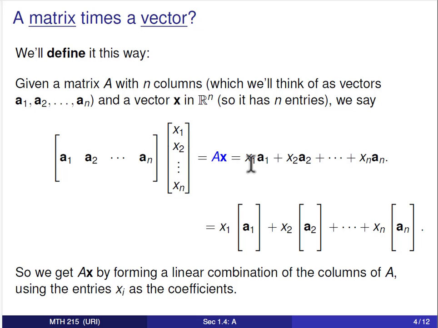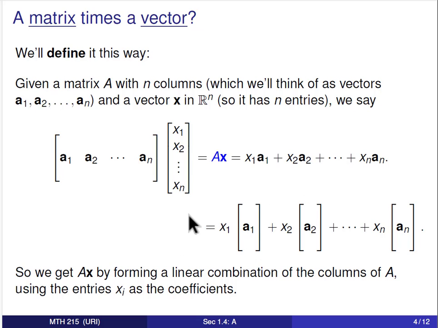we're going to define what happens when we multiply this matrix by this vector to be this. We're going to take the entries of our vector and we're going to attach each of them to a column vector from A, just using scalar multiplication, and then we're going to add together those results. So if you want to see a more pictorial representation, you can think of it this way.